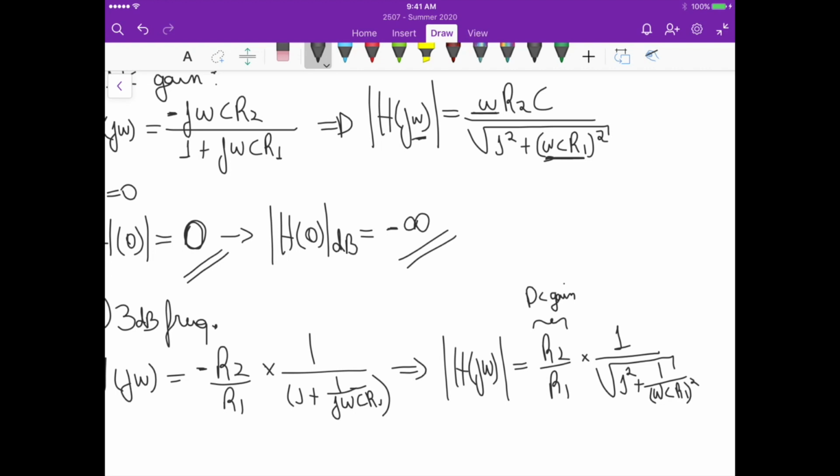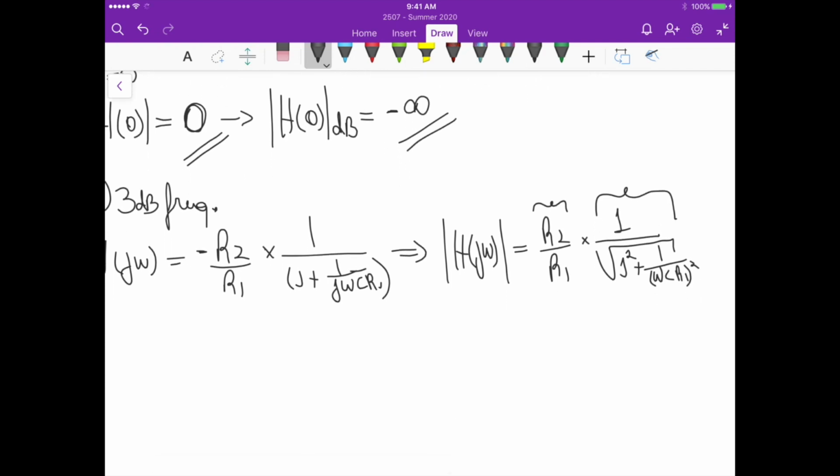Now for the 3 dB frequency, what's the frequency that we have at 3 dB? Sorry, this is not the 3 dB frequency, this is the high frequency gain. So for the high frequency gain, we say that we are at 3 dB below the high frequency gain if this term here is equal to 1 over square root of 2.